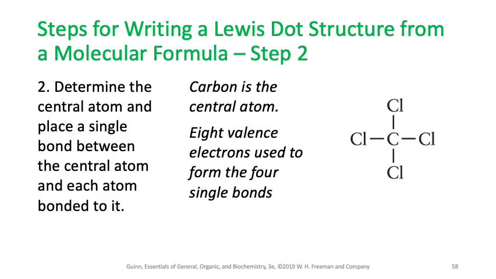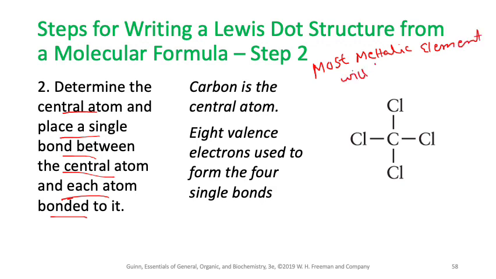Now the second rule says determine the central atom and place a single bond between the central atom and each atom bonded to it. To make a compound, you have to figure out the central atom. And how would you know which one is the central atom? You can apply the rule: the most metallic element will be at the center.